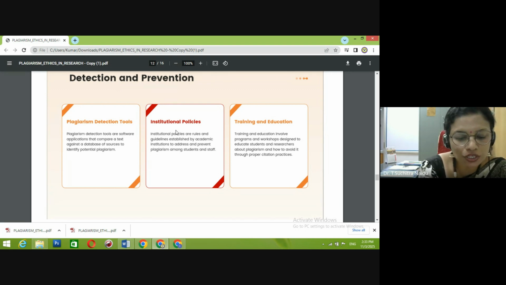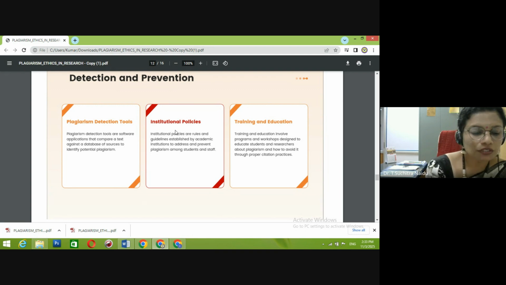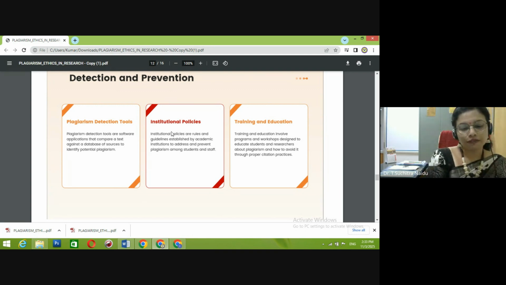So training and education about what exactly is plagiarism, what is ethics, what happens when you violate these research ethics, what are the consequences. There should be training and education given to the staff as well as students about it.